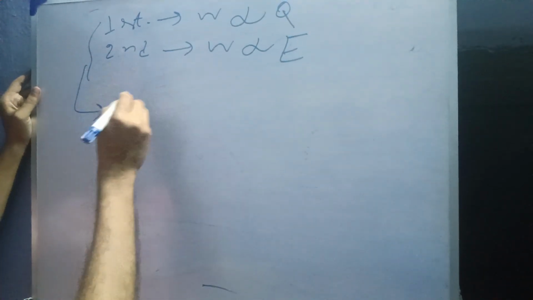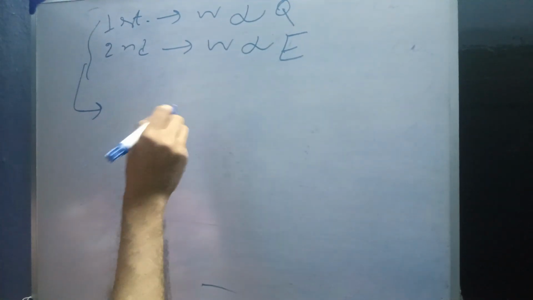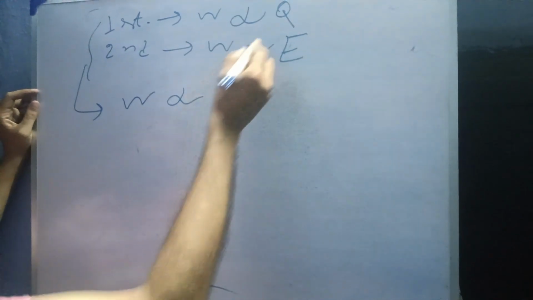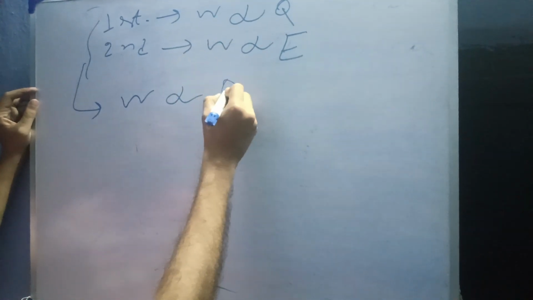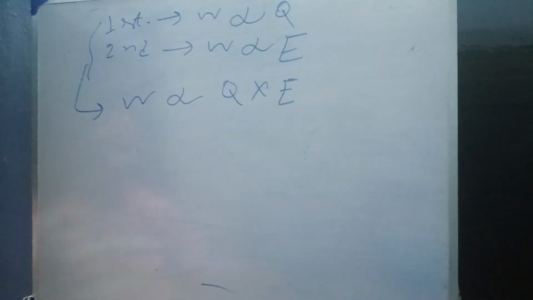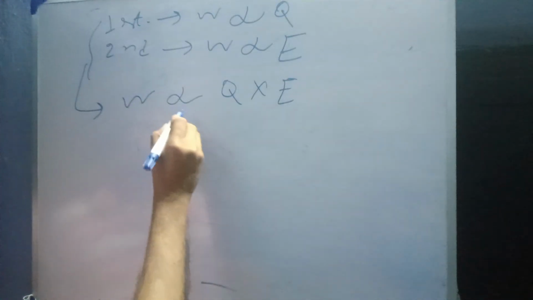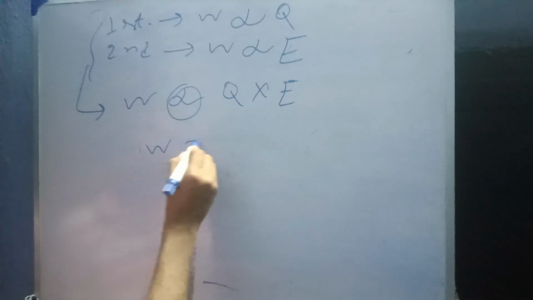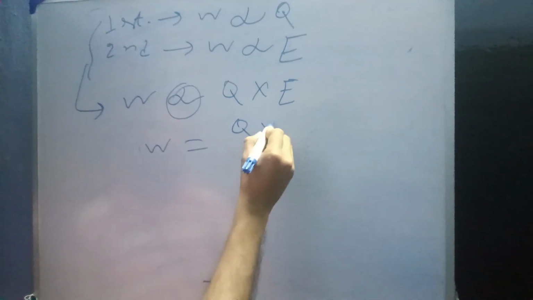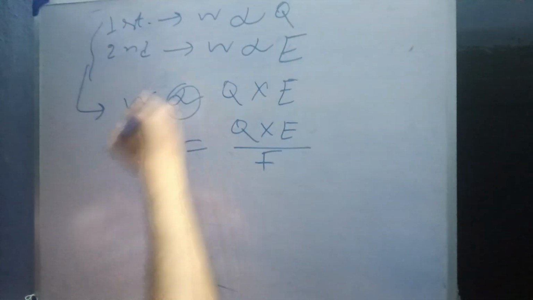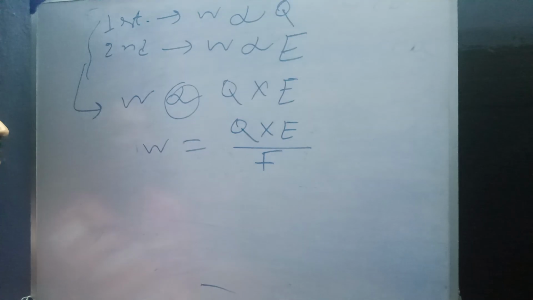If we combine these two laws, it is Faraday's combined first and second law, which may be written as W proportional to Q into E. Now, if we replace the proportionality constant, we may write W is equal to Q into E by F, as proved earlier.